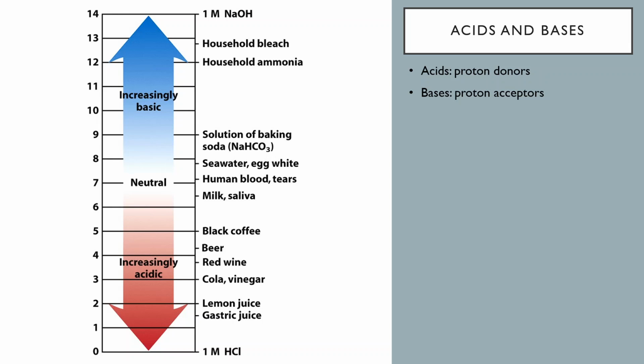That salt will completely dissociate in water, so 1 molar sodium hydroxide would mean a 10 to the minus 14th molar concentration of protons. So that's just a basic review of how acids and bases work, and what it means to be acidic or basic.